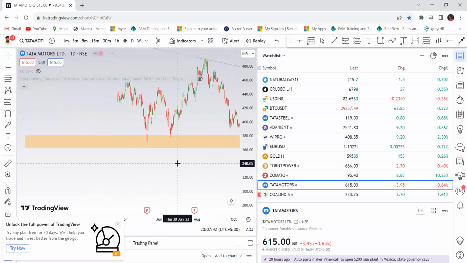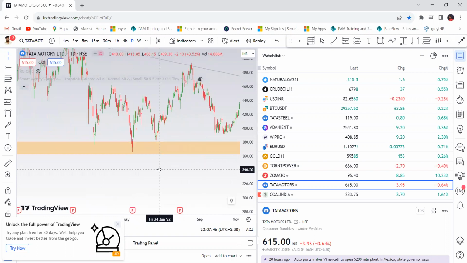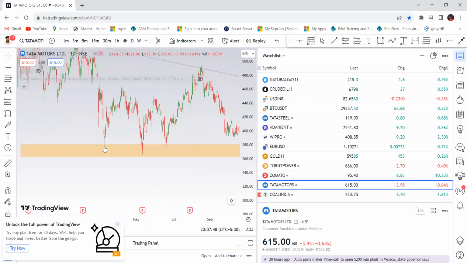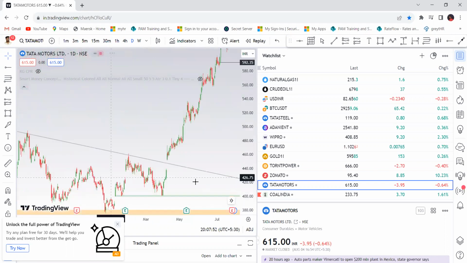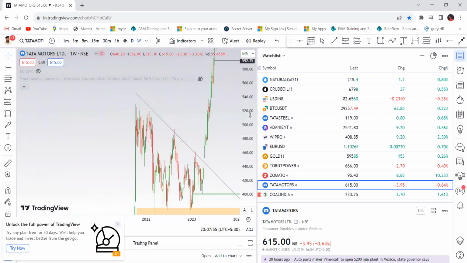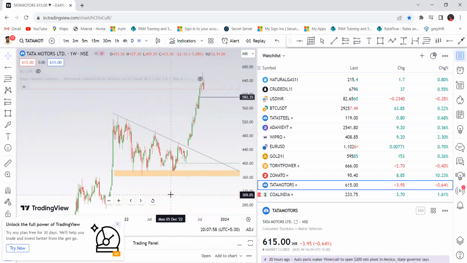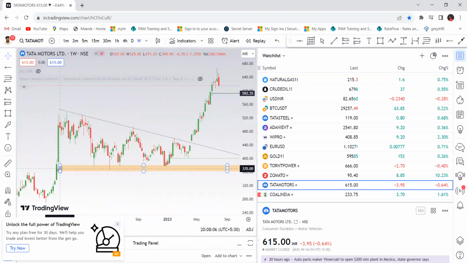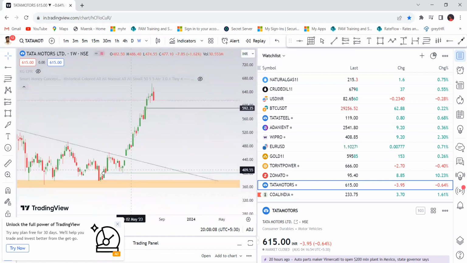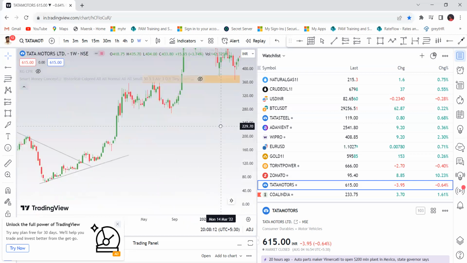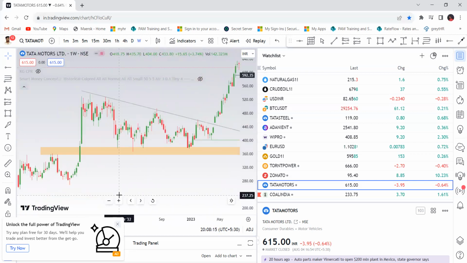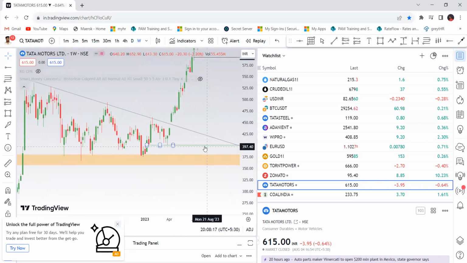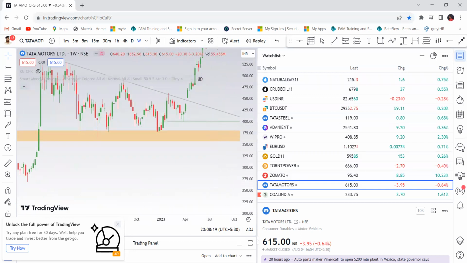Engulfing candle. Okay, we can take this candle as one example.